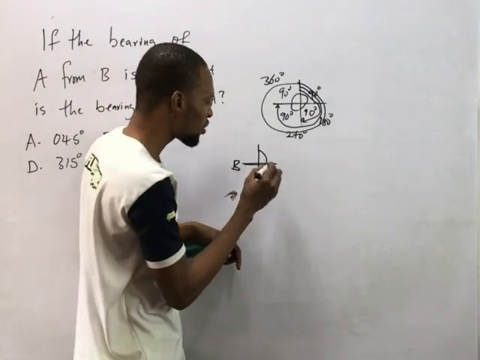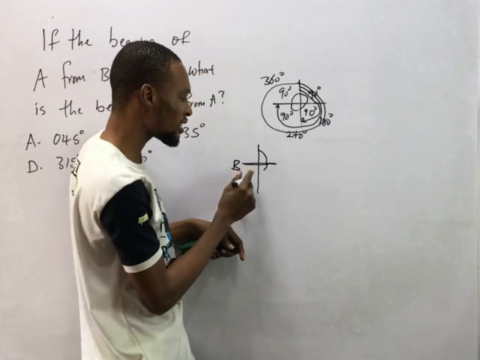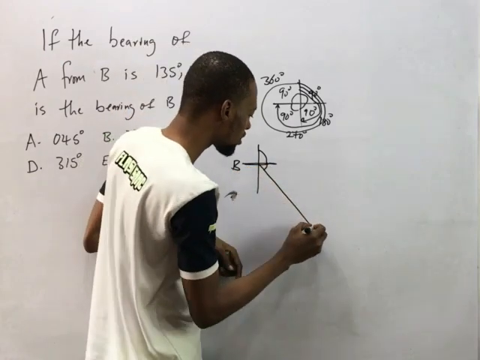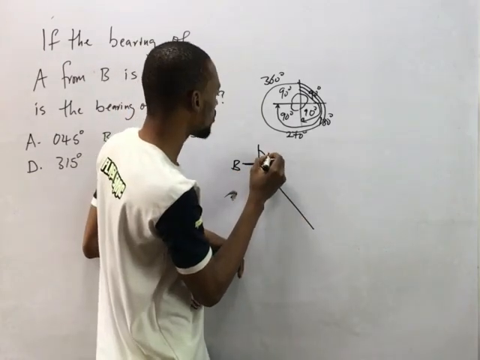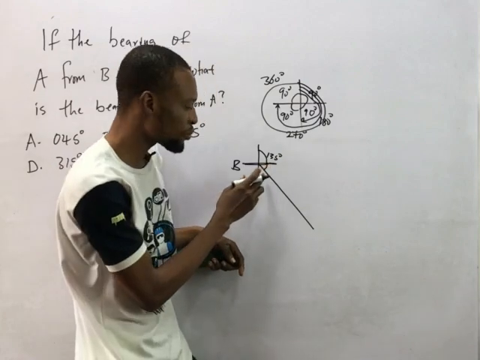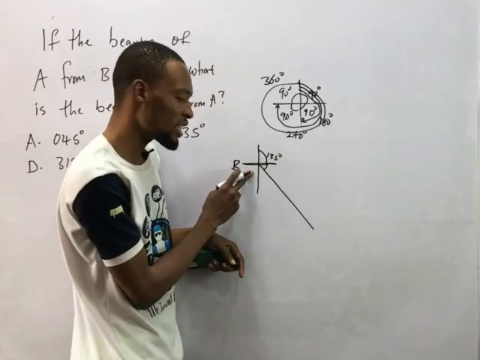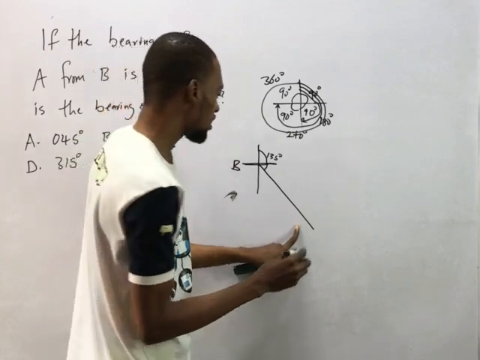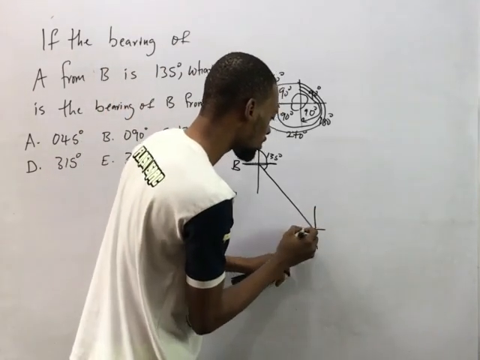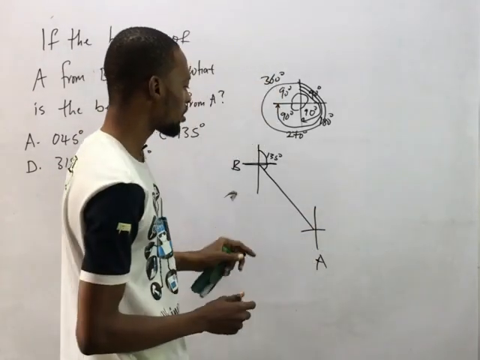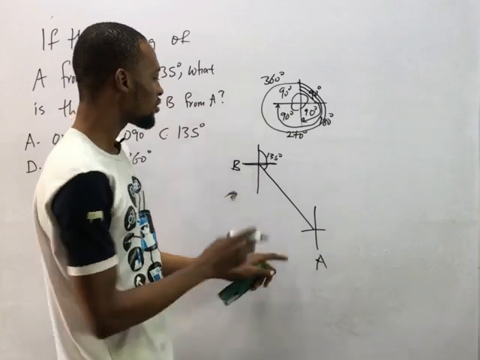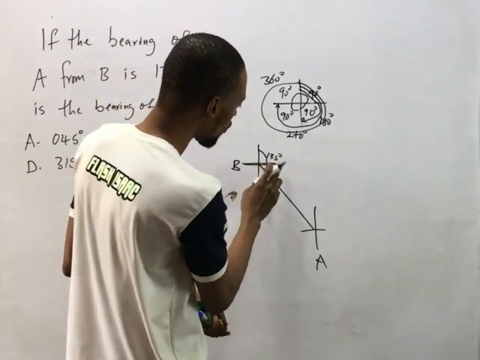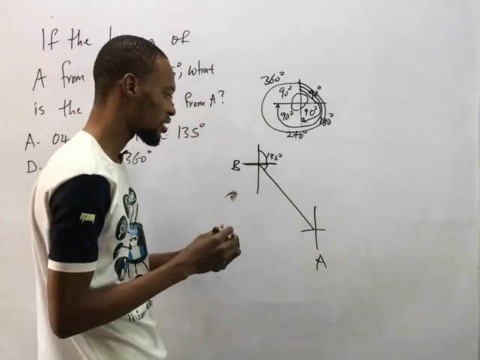So you don't need to be accurate, but you know that it will be around here, not up to 180. So assume from here to here to be 135 degrees because it's not up to 180. The end here is 180. So if this is 135 degrees, this is A, this is B. So the bearing of A from B is 135 degrees.